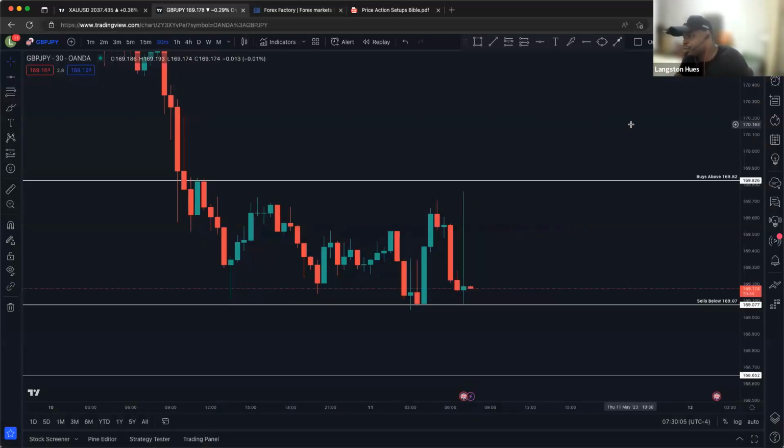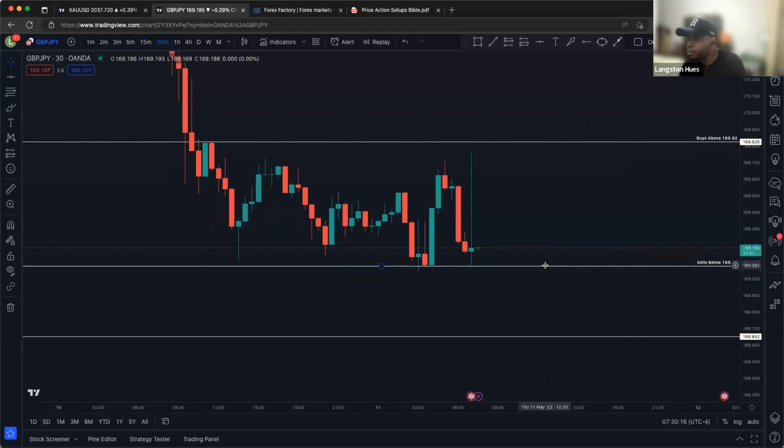Okay, let's see if the news has any impact. And how big is this range below? This range below is about, oh, nice, 42 pips.